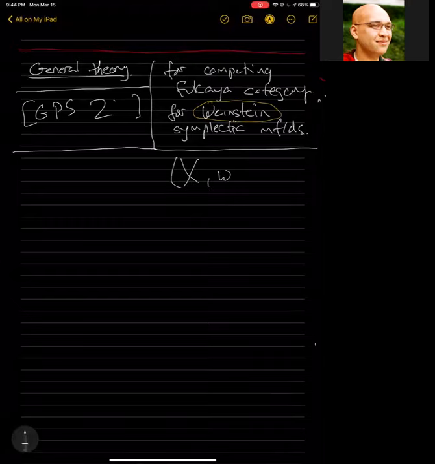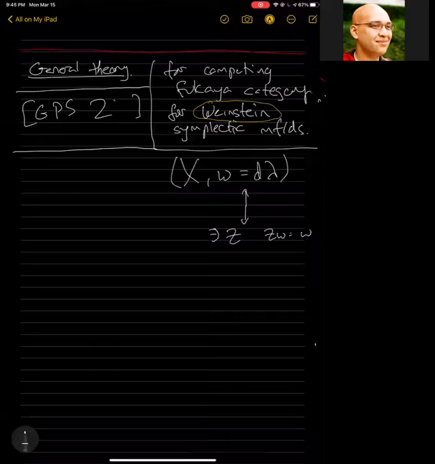And it's called Weinstein, so in general, for an exact symplectic manifold, being exact is the same thing as there being a vector field Z which scales the symplectic form, because the relationship is that then omega Z, whatever, is lambda.